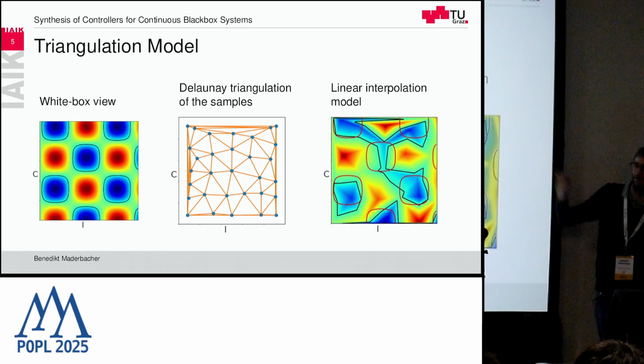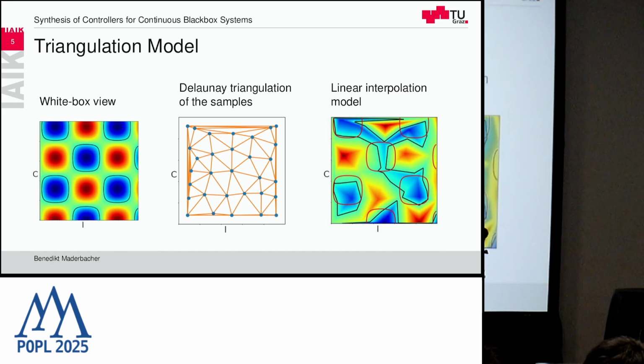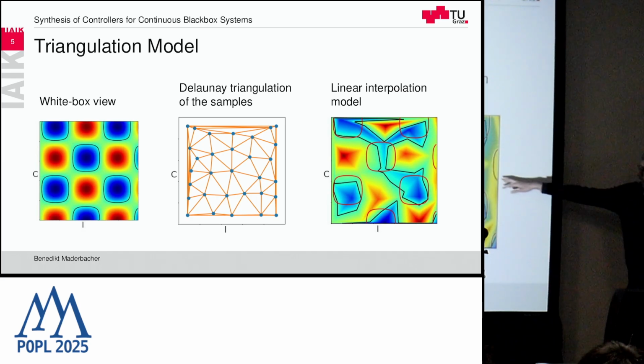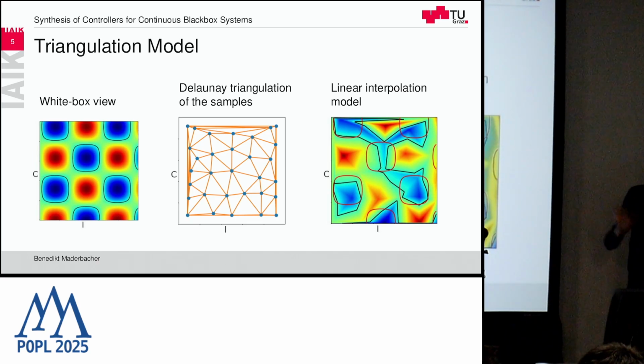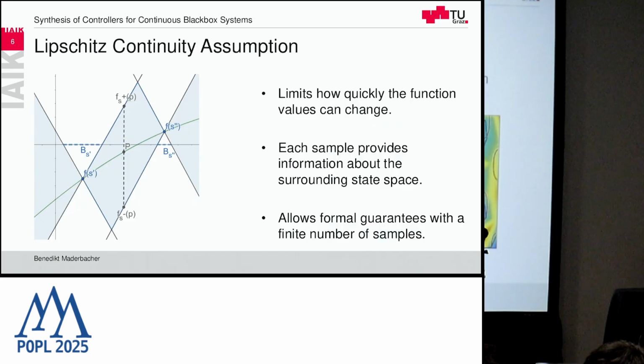The black lines are the boundaries of what the model believes to be good states where we are allowed to pass through versus bad states which we have to avoid. I also show here in red the original level curves from the white box view, so we have some indication of how good the model is at the moment.